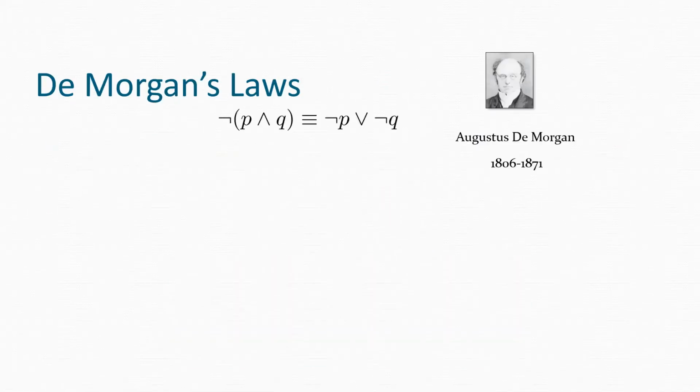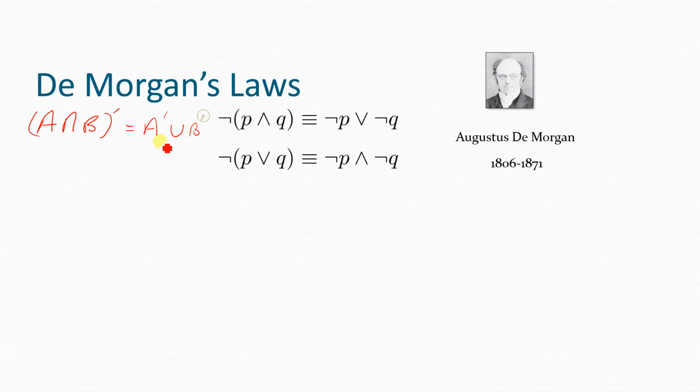Now, De Morgan's law for propositional logic. The first De Morgan law states that negation of P and Q is equivalent to negation P or negation Q. You would have studied De Morgan's law in terms of sets. If we have two sets A and B, then the first De Morgan's law looks like this: A intersection B complement is equal to A complement union B complement.